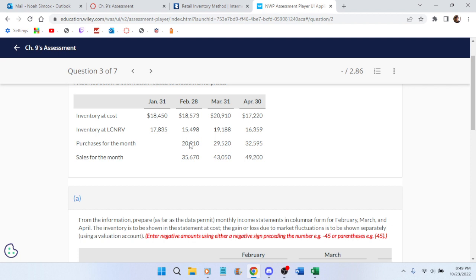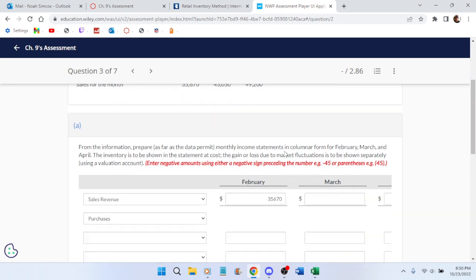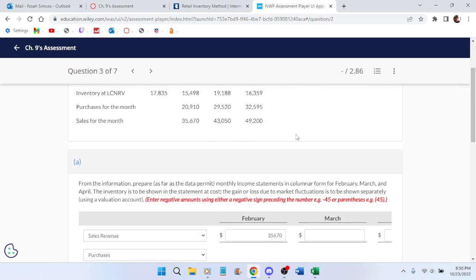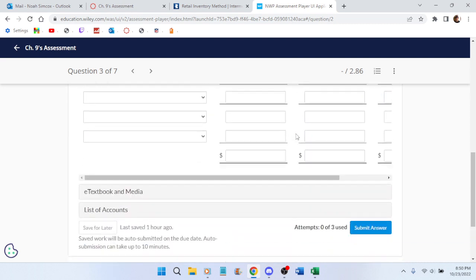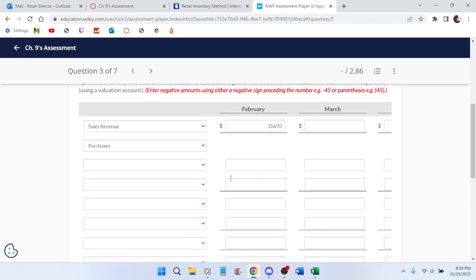We know what the ending inventory is. We know what the purchases for the month are. Okay, so what we do, we have beginning inventory. We add purchases. Oh my gosh, this is going to take forever. Are you kidding me? This is going to take a million years.